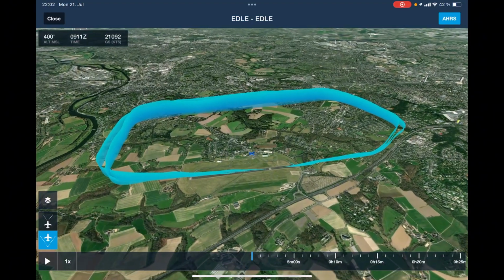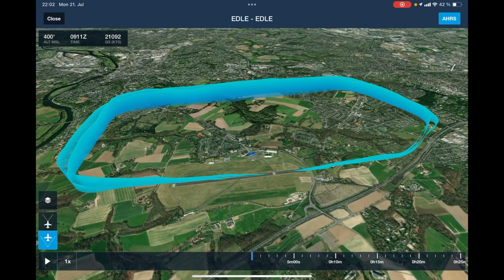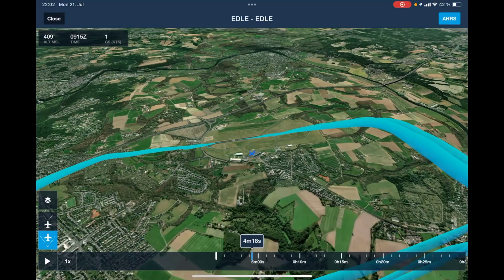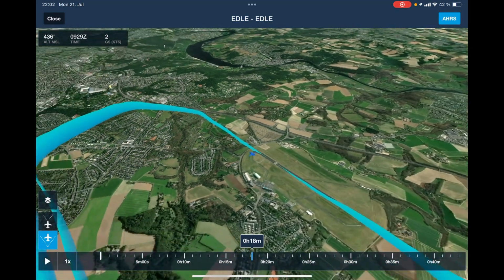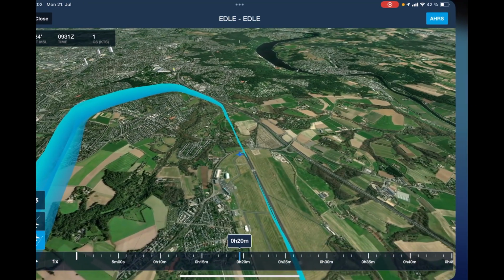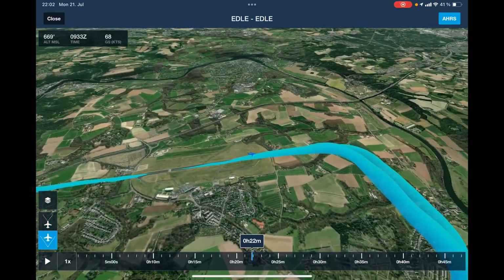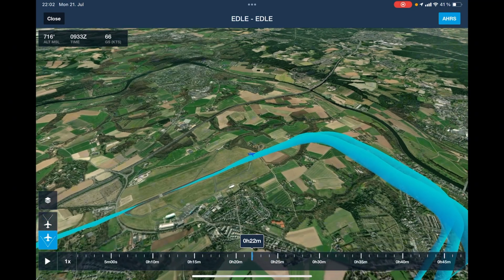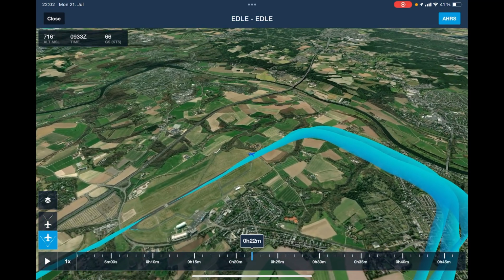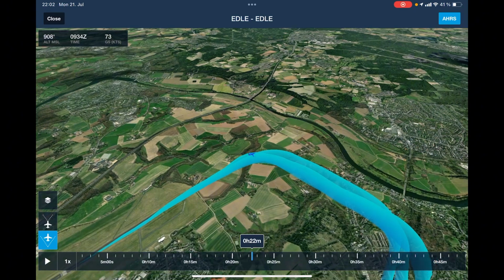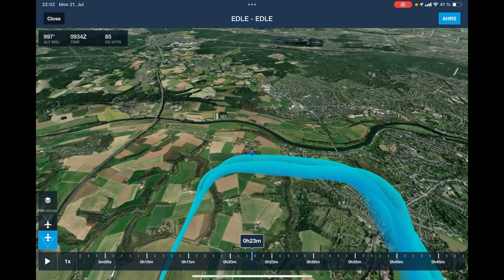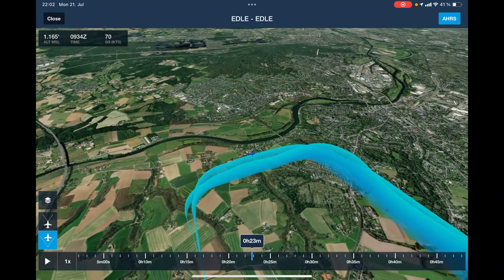So the first thing I can already see is me on the departure leg. One of the things that I remember from the day is that it was not particularly warm, but there were low pressures during the day.